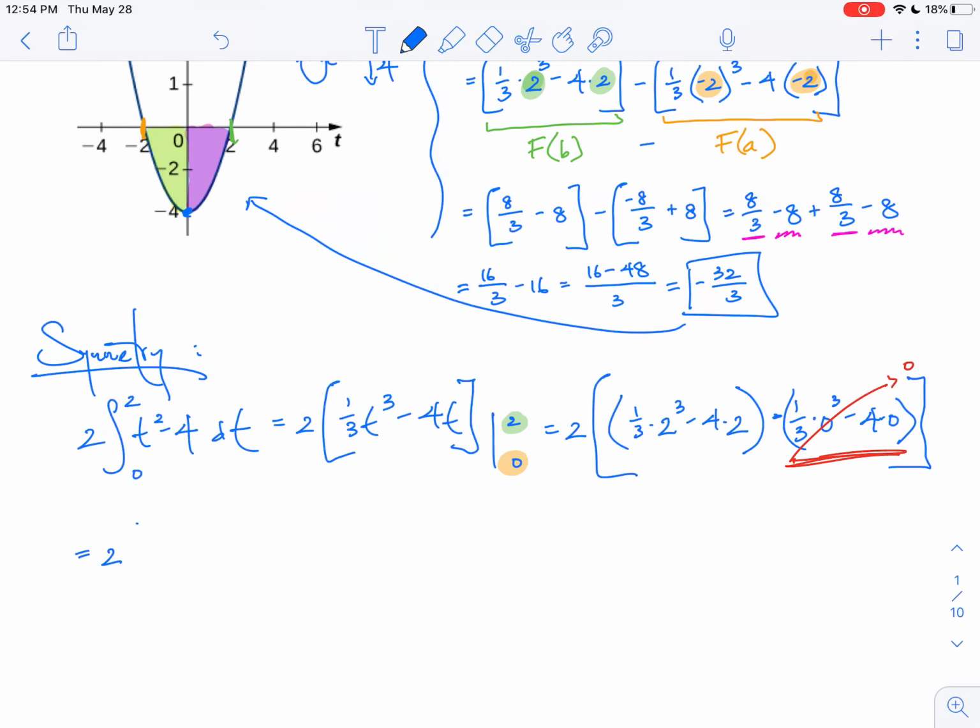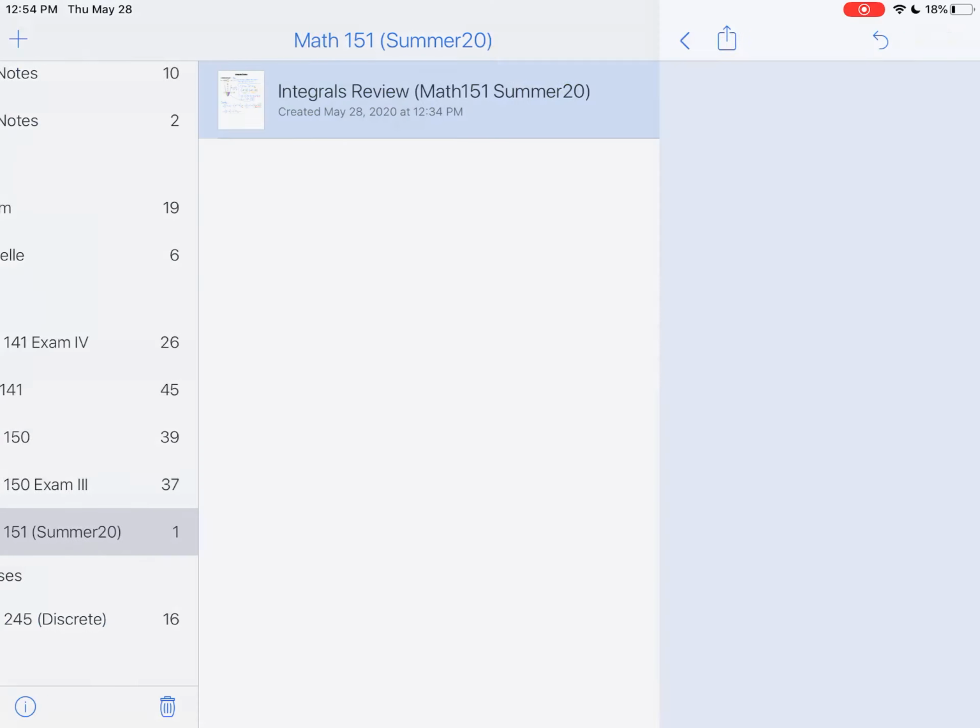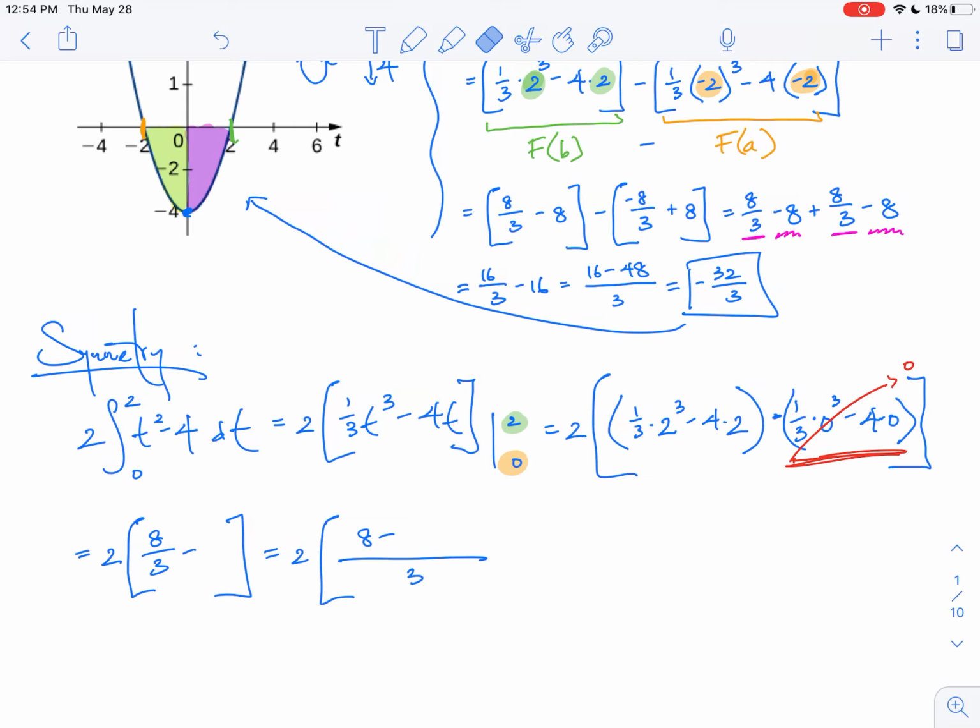We have 2 times 8/3 minus 16. Okay, let's find that common denominator, so 3. And I've got 8 minus 16 times 3 is going to give me, not 16, sorry, 8. 8 times 3 is going to give me 24.